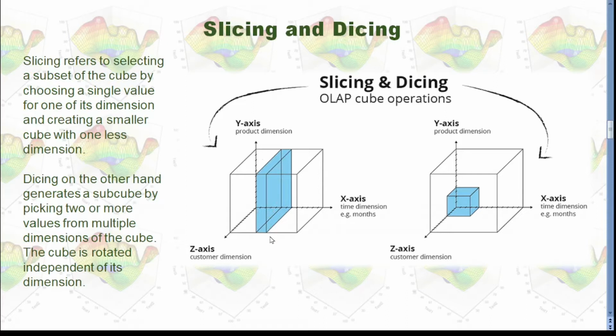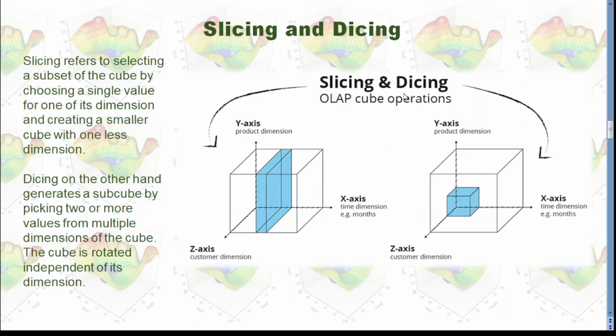In this example, we have the time dimension as the x-axis. So if you take certain months from this data cube, you slice this cube into this two-dimensional data. So with slicing, you can pick a specific time for the data set.